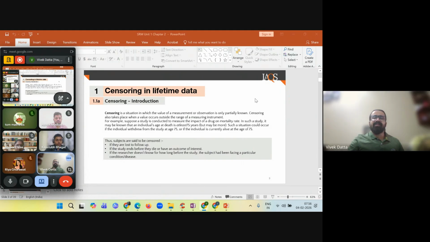Okay. Now the second point here, I don't agree with, but because this was not made by me, I will not go and negate someone else without reason. My reason is that when the study ends before they die, that part is fine, but "or have an outcome of interest": I don't know what they define as the outcome of interest.